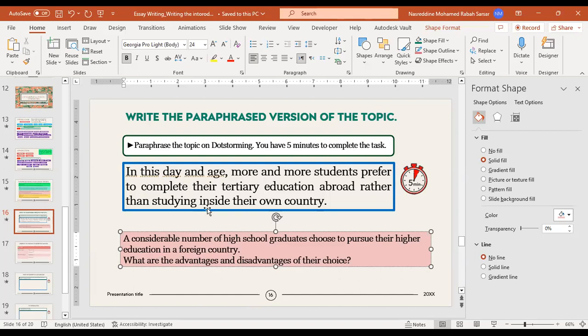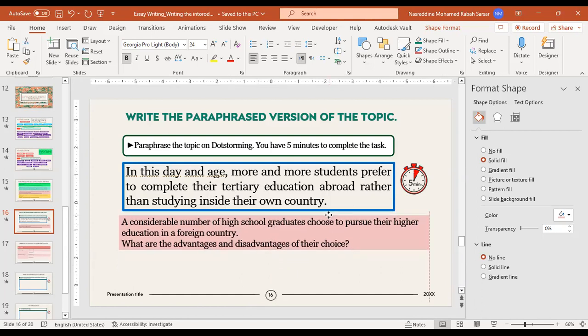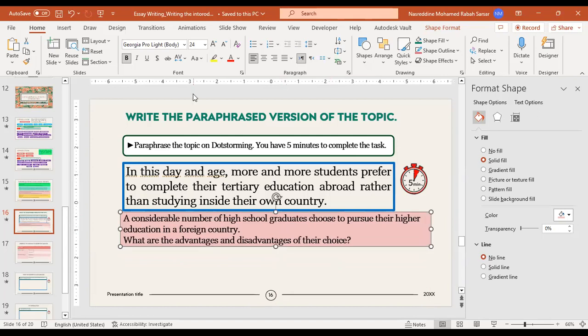Now, for this student and for all the other students, after you came up with the exact paraphrase, what do you need to do? You need to answer the question: what are the advantages and disadvantages of their choices? In this case, I will give you a structure that you need to follow.